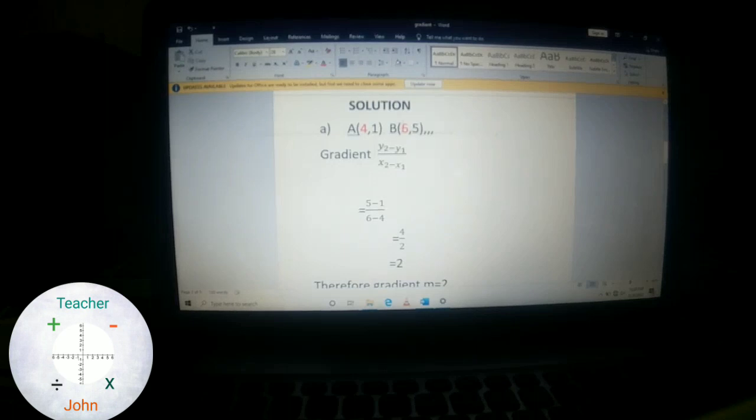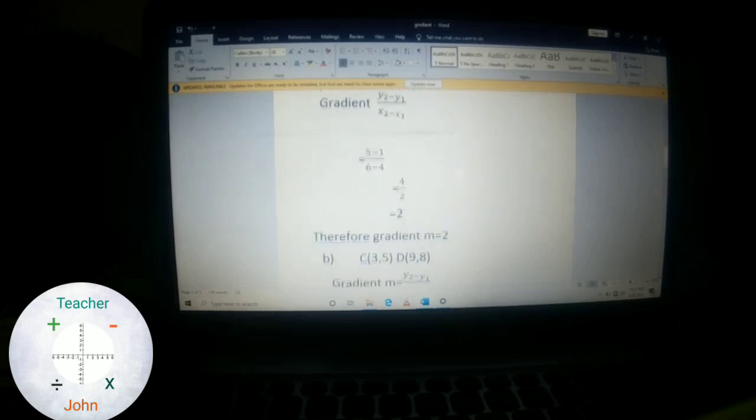When you come to B, 6 is x2 and 5 is y2, and you replace them here: y2 is 5 and y1 is 1, x2 is 6, x1 is 4. Then you subtract 5 minus 1, you get 4, and 6 minus 4, you get 2. Our gradient m is 2. That is the answer when you divide 4 by 2.